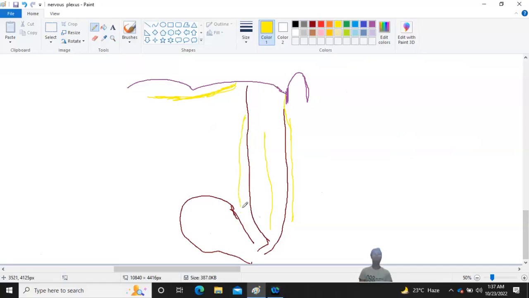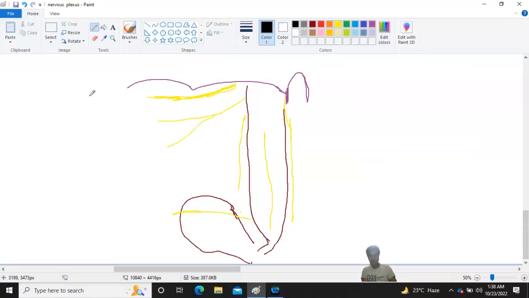Another, in the iliacus region, is called the lateral cutaneous nerve of thigh. And the important ones are the ilioinguinal and iliohypogastric nerves. So basically, these are the nerves.